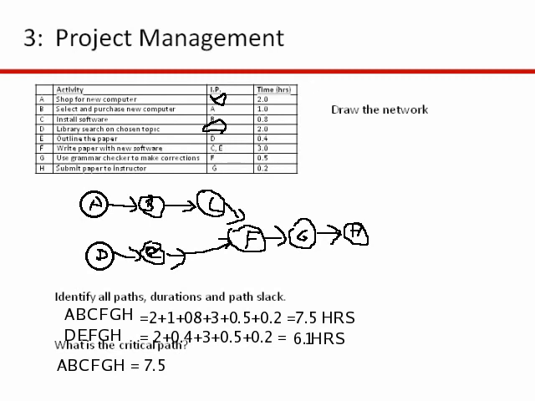I mean, if she worked from start to finish to get everything done, it would take her 7.5 hours. All right? So any questions on how to, once you identify the path, how to find the path duration and the critical path, etc.?